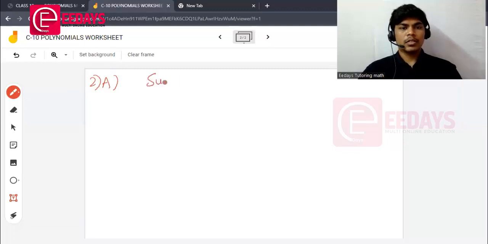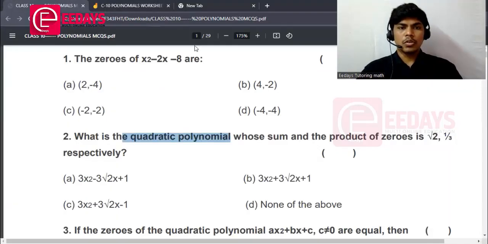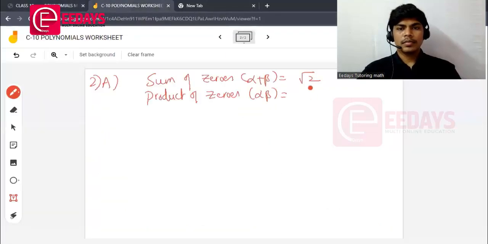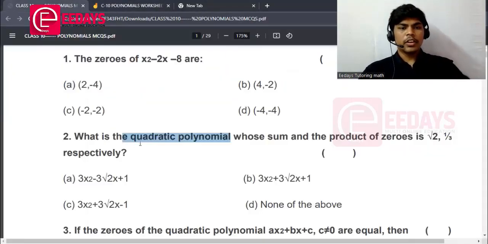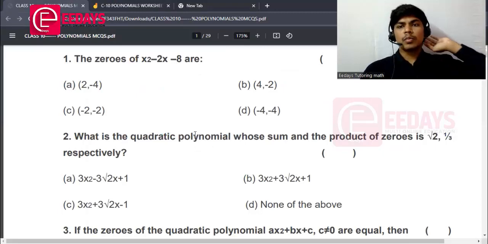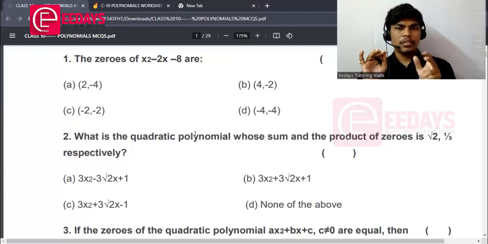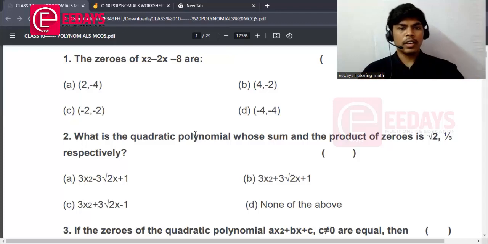In the question they have given the sum of zeros, alpha plus beta, as root 2, and the product of zeros, alpha into beta, as 1 by 3. Then you can find the quadratic polynomial. Generally the statement gives a quadratic equation and we need to find the sum and product of zeros. But in this question, they have already given the sum of zeros and product of zeros. You need to find the quadratic polynomial.